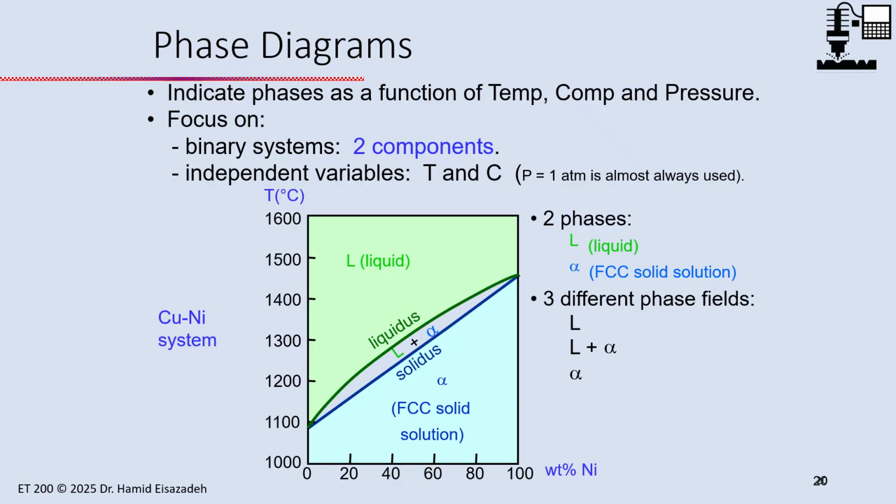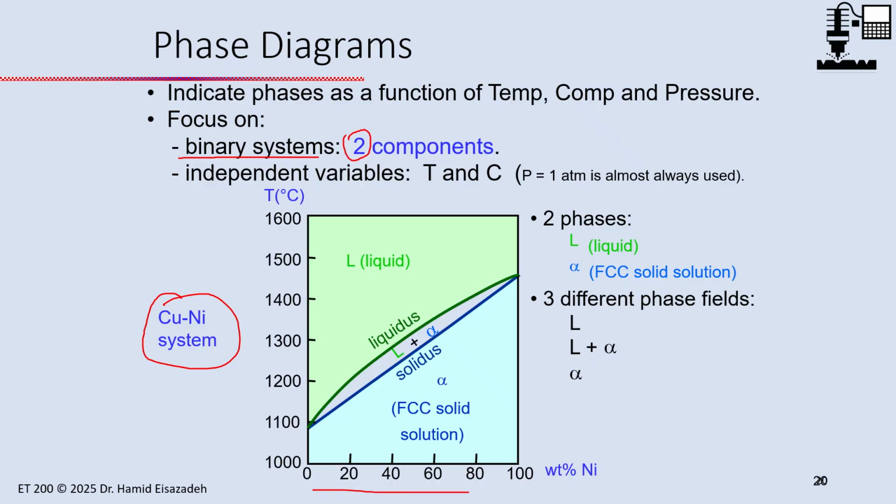Here we have a phase diagram for copper and nickel. It's a very well-known system, and it has two components, copper and nickel. Because we have two components, it's called a binary system. We have two variables at the bottom. We have composition, which varies from 0 to 100.